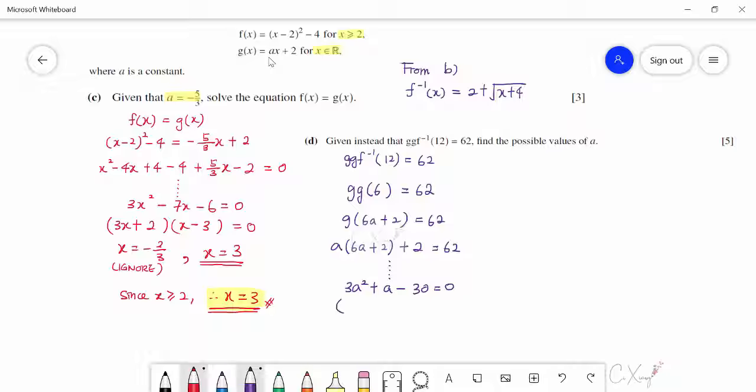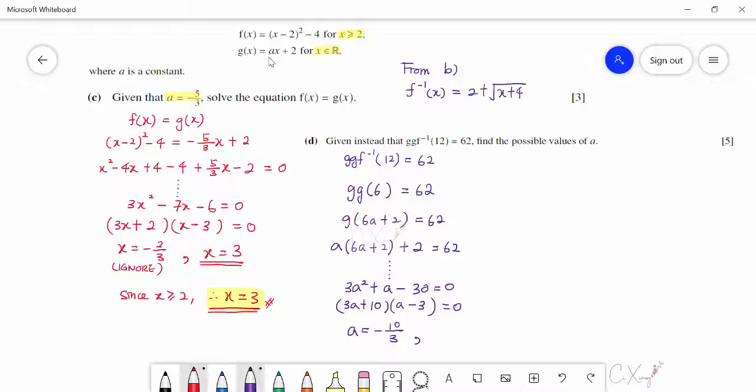All right, so again, you will see that we're able to factorize this quadratic equation. So I will have 3a, this is the a, and then this one can be 3, this is 10. So I'm having a plus here and a minus. Therefore, my value of a will be equal to negative 10 over 3.